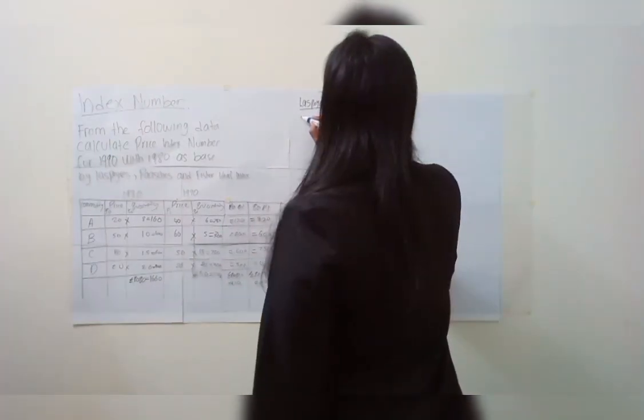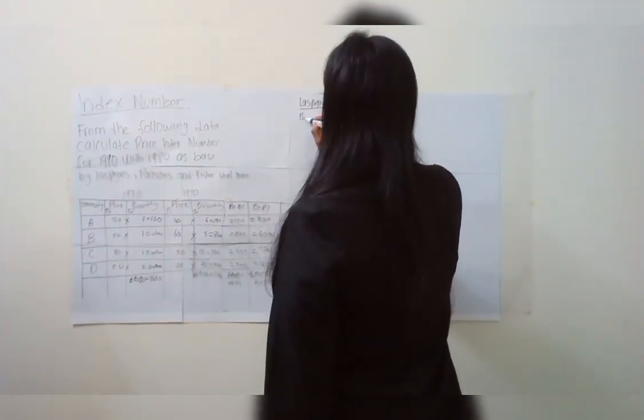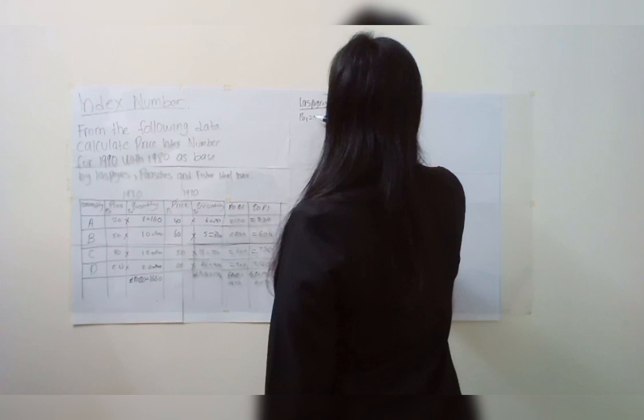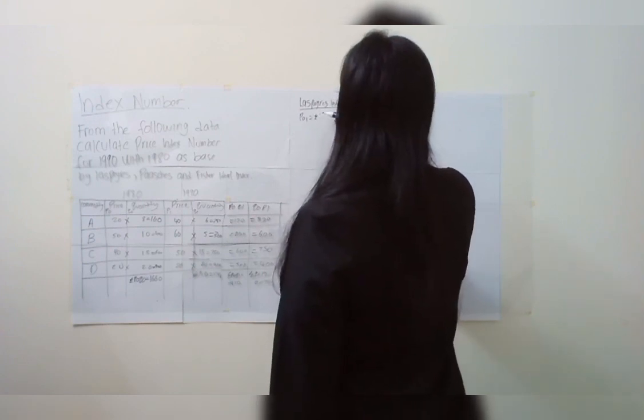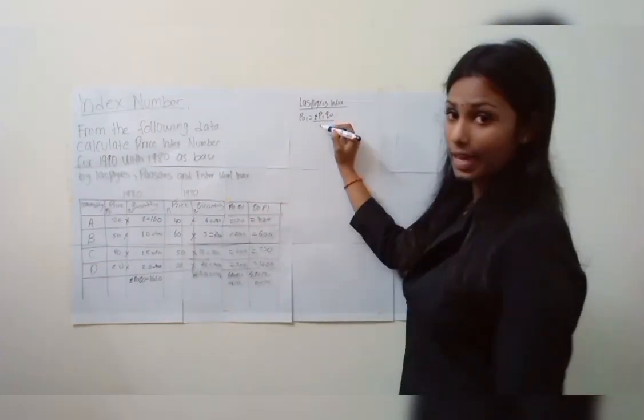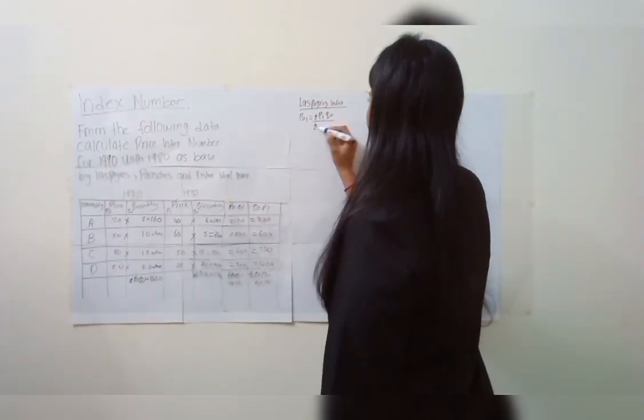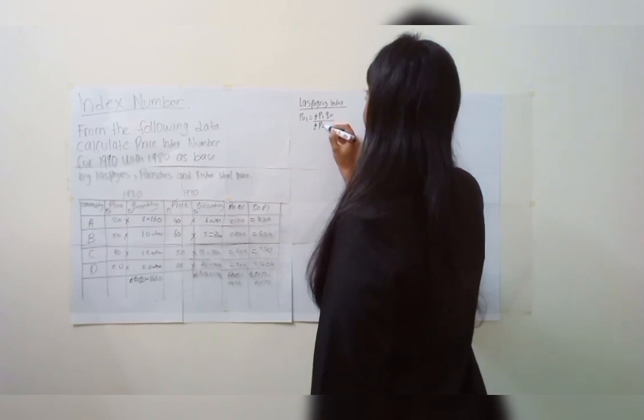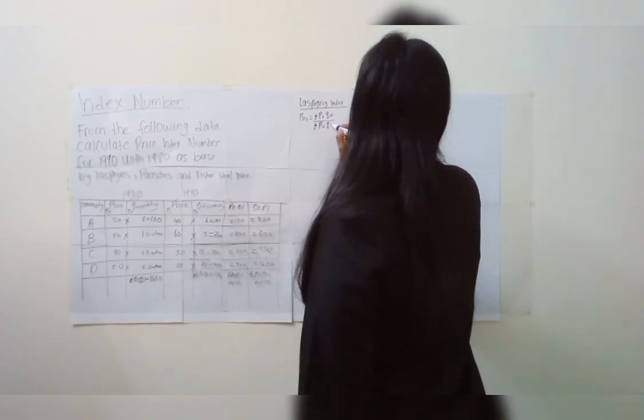Okay, so the formula is PO1 equals the summation PIQO divided by the summation POQO.